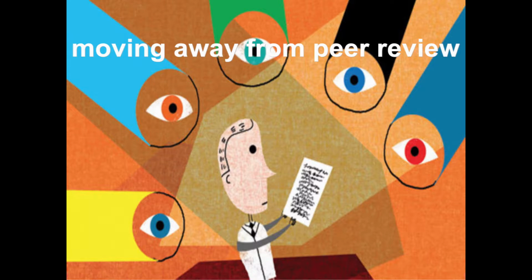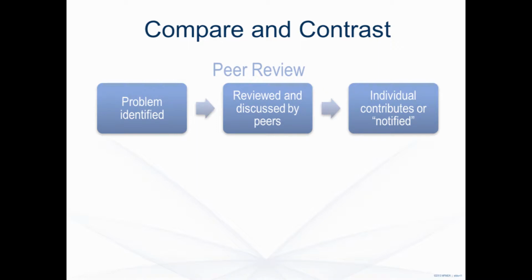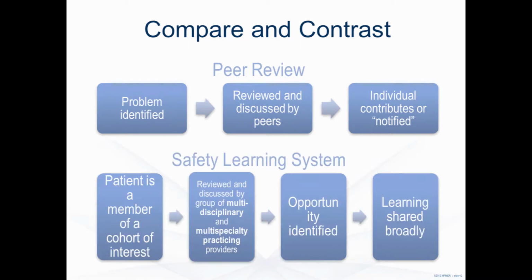One of its main components and big pieces is moving away from peer review, so moving away from who made the mistake or what was the mistake specifically, to where did the process and system fail our providers. In contrast to peer review, the safety learning system uses an approach of reviewing 100 consecutive cases of a particular cohort of interest for a hospital.